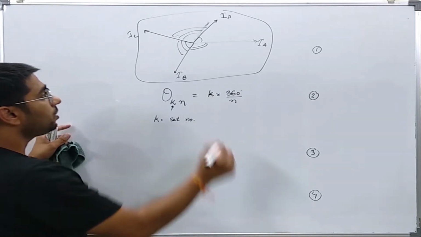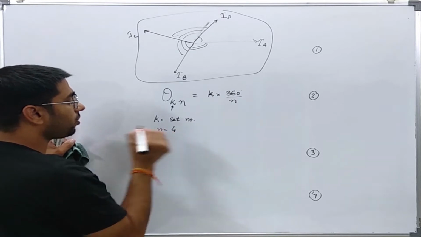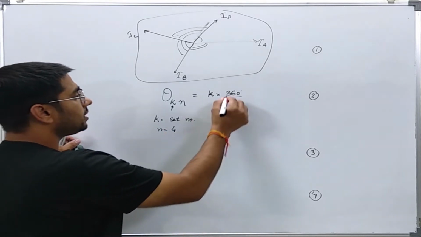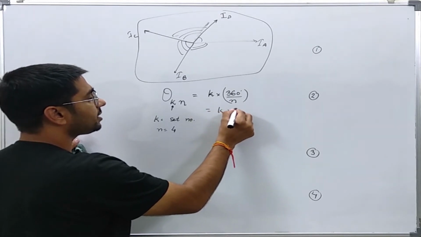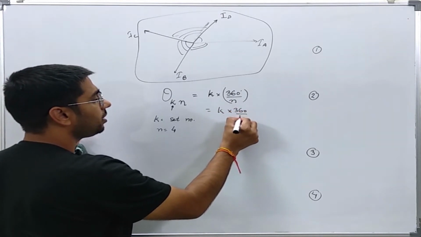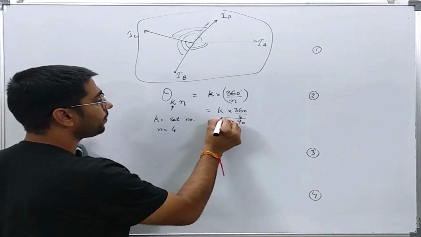For our system n is equal to 4, so this term is nothing but k into 360 over 4, which is equal to k into 90 degrees.